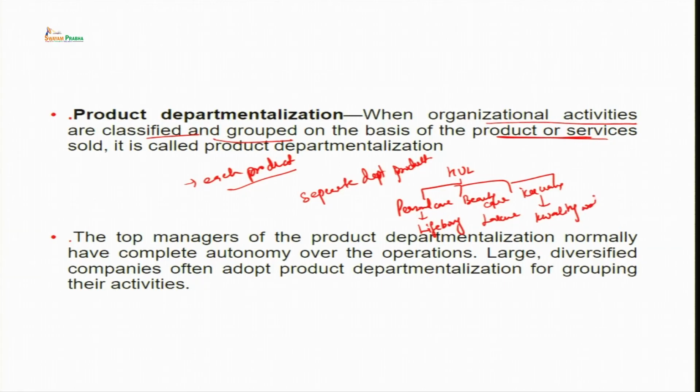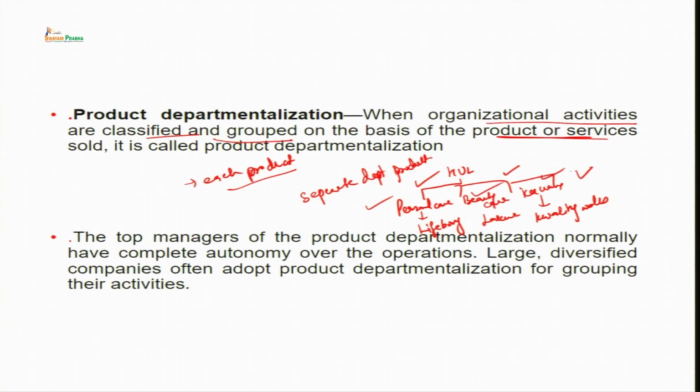Ice cream, Quality Walls, etc. So, an organization may prefer product departmentalization when its products require distinct production strategies. Every product will have their own production strategies, every product will have their own marketing strategies, every product will have their own HR functions, and different dedicated distribution channel also for each product by the organization.